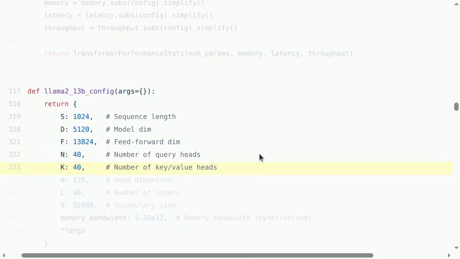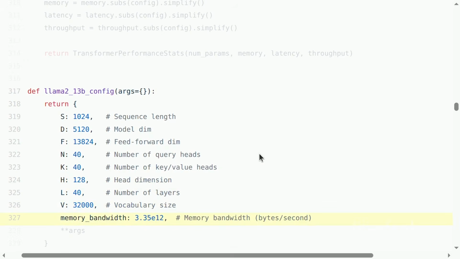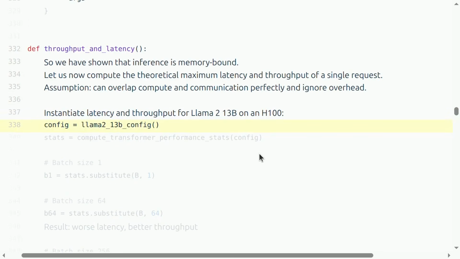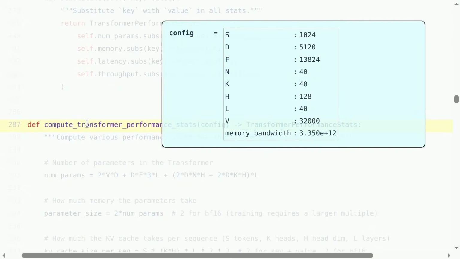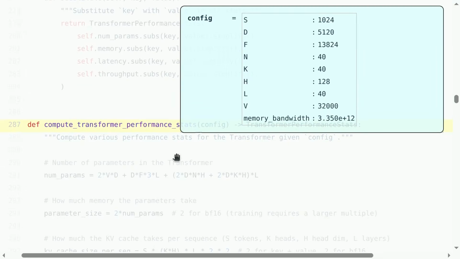There's no GQA here, so N equals K, head dimension, number of layers, vocab size, and the memory bandwidth for H100. Okay, so now using this config, let's compute the transformer performance statistics. So these are our inputs here.